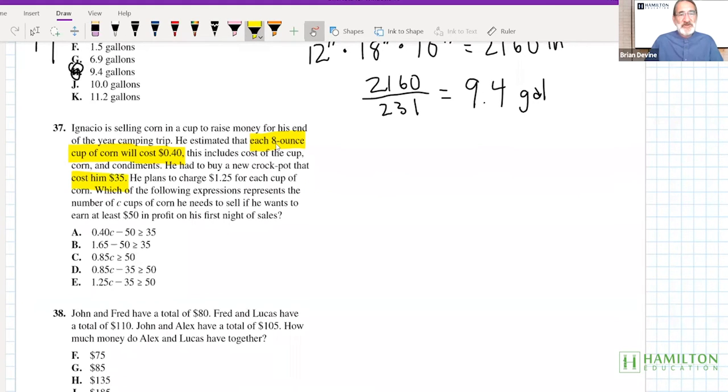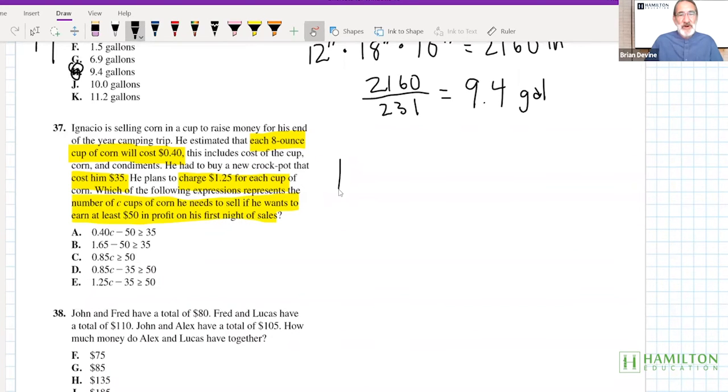So his costs are going to be 40 cents per cup plus his crock pot, $35. And he's going to charge $1.25 for each cup. And we want to know which of the expressions would represent the number of cups he needs to sell to profit $50.